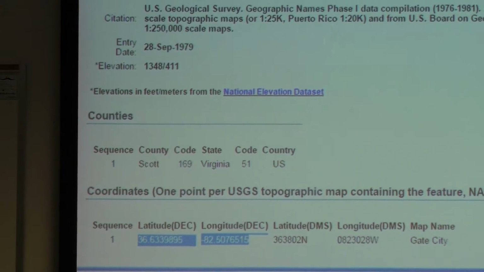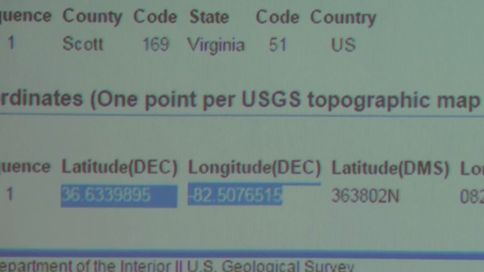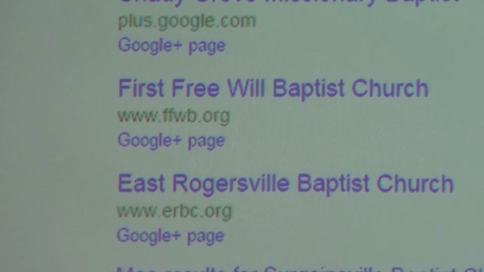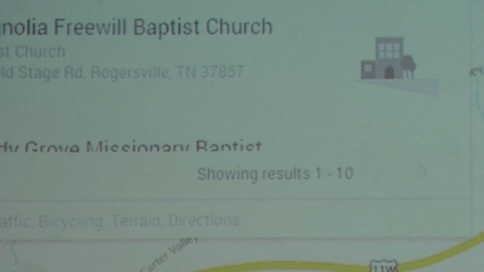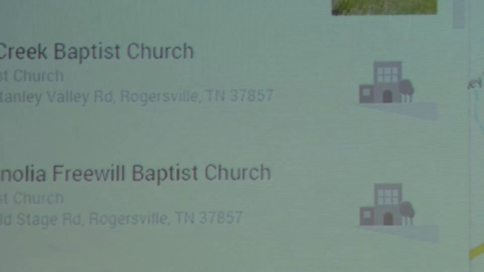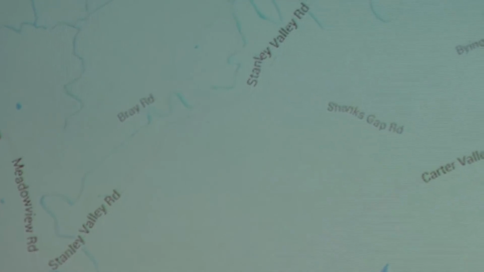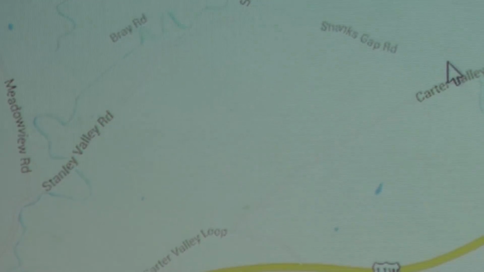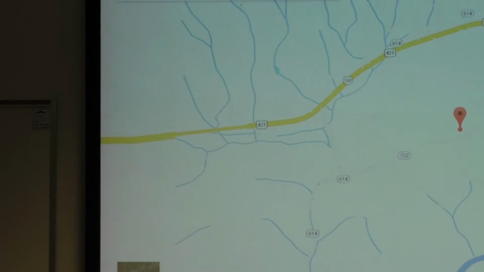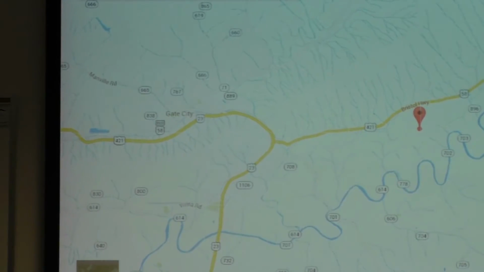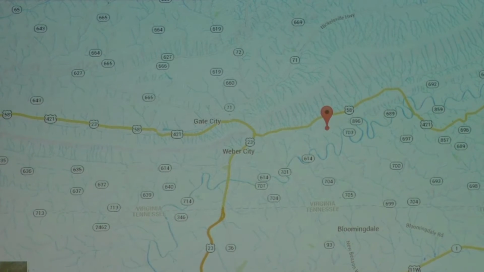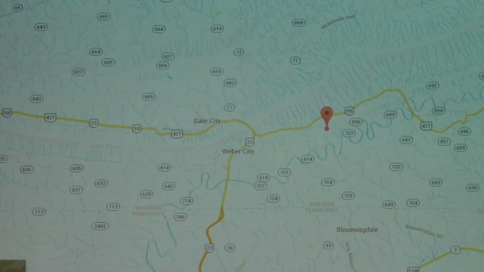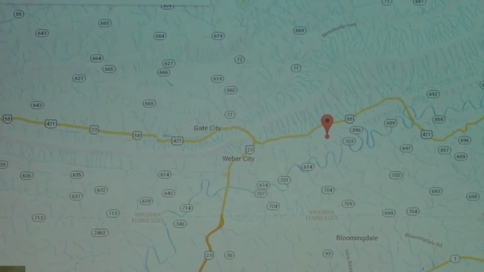We want to copy those, and then we go back up to a map. When we get to Google Maps, we can put those coordinates in and go look for them. And that will give us the center of that particular place in Virginia. It's obviously just across the border from Tennessee.